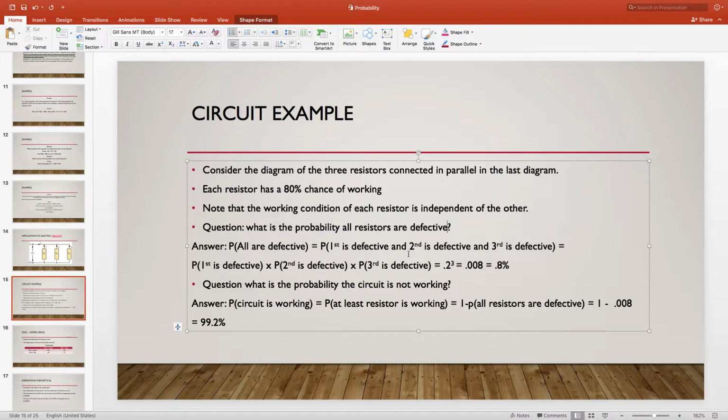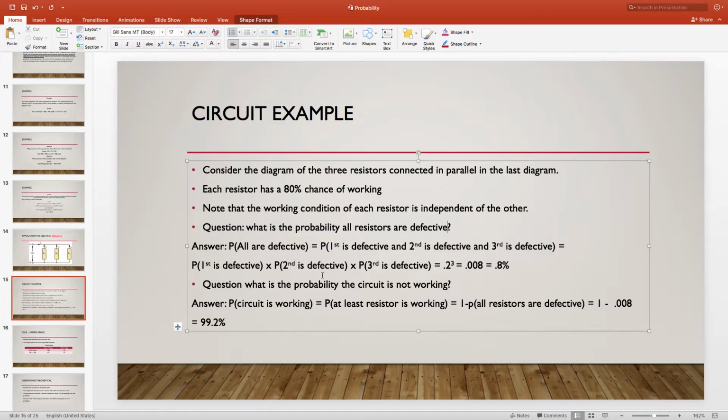That means the first is defective and the second is defective and the third is defective. Now, because we said that they're independent, I'm just going to multiply their probabilities, which is going to be 0.2 3 times, so 0.2 to the third power, and that's 0.008 or 0.8%.